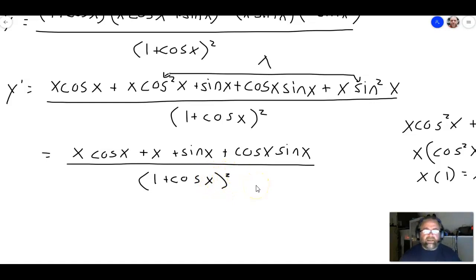Man, that was a killer, huh? Now, I would probably take this if it was on a test and give you full credit. But I would be impressed if you saw that you could reduce those two terms into just x as well.